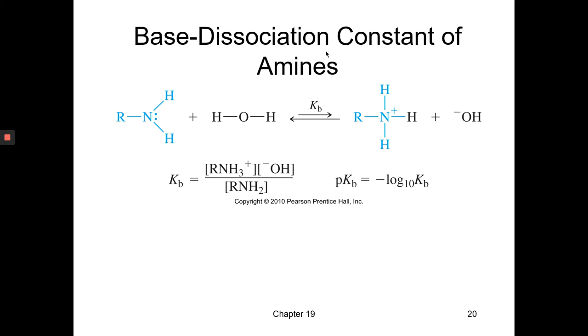Any equilibrium constant is products over reactants. We omit the water from our expression, so it's RNH3+ times OH- over the undissociated base. That's the Kb value. The pKb is minus the log of the Kb.